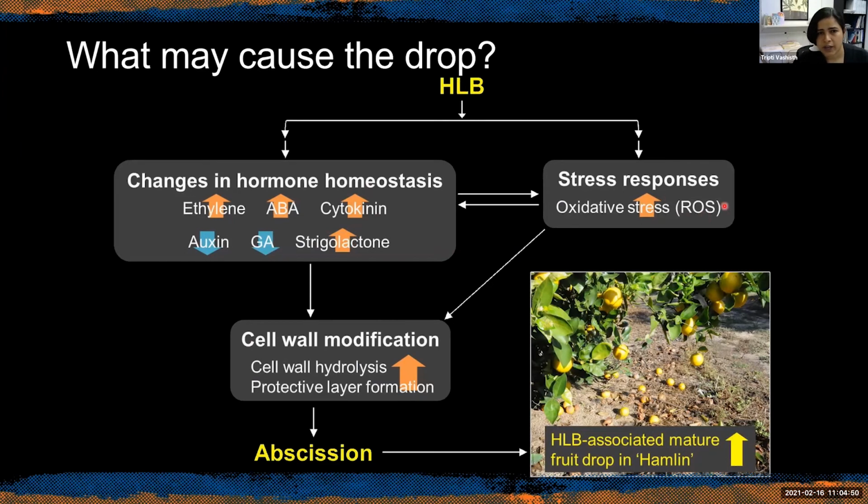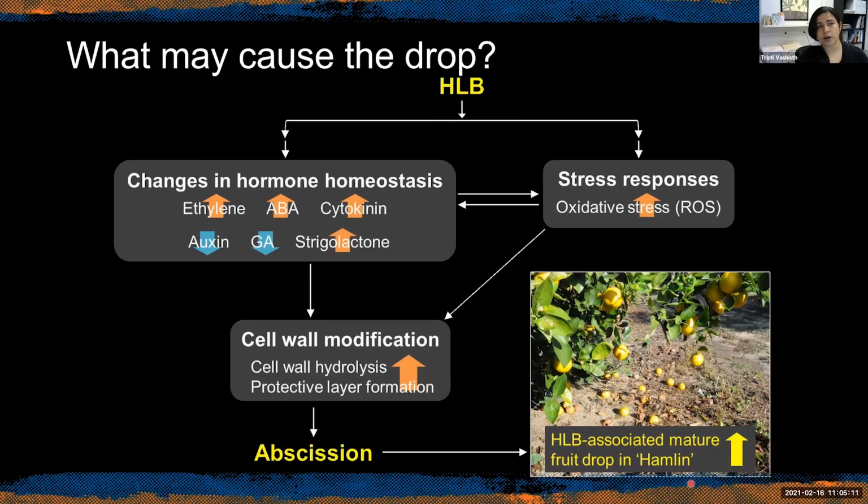So HLB is causing changes in the hormones, increasing the oxidative stress, which results in cell wall modification, resulting in abscission. So altogether, it's hormones and oxidative stress that are resulting in the increase in the drop. So this is so far what we have learned about the drop.